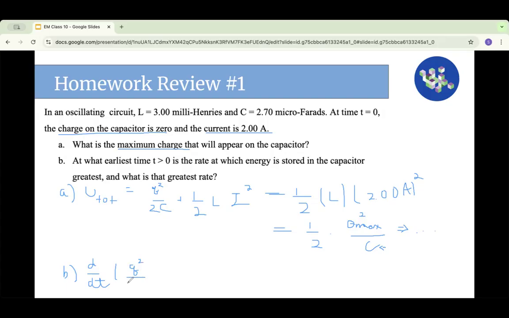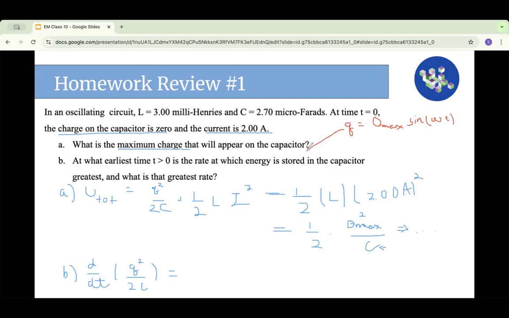So we should remember that q equals q max times sine omega t. So we can plug this in.